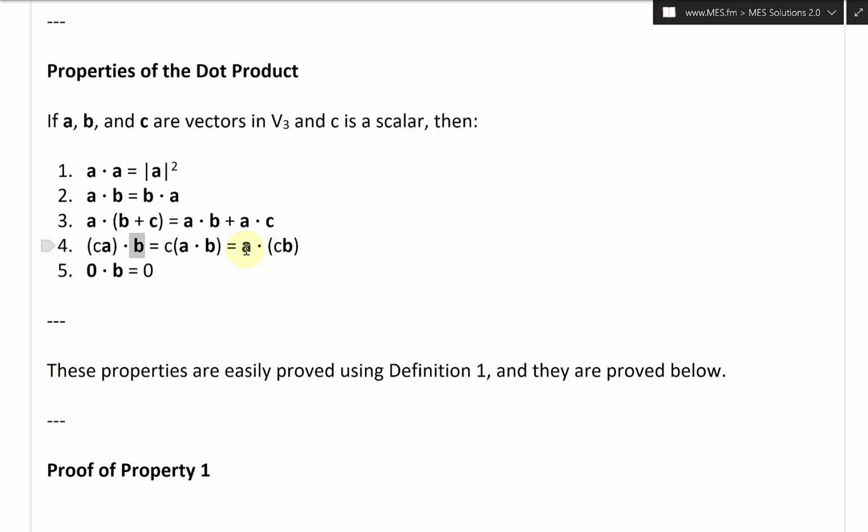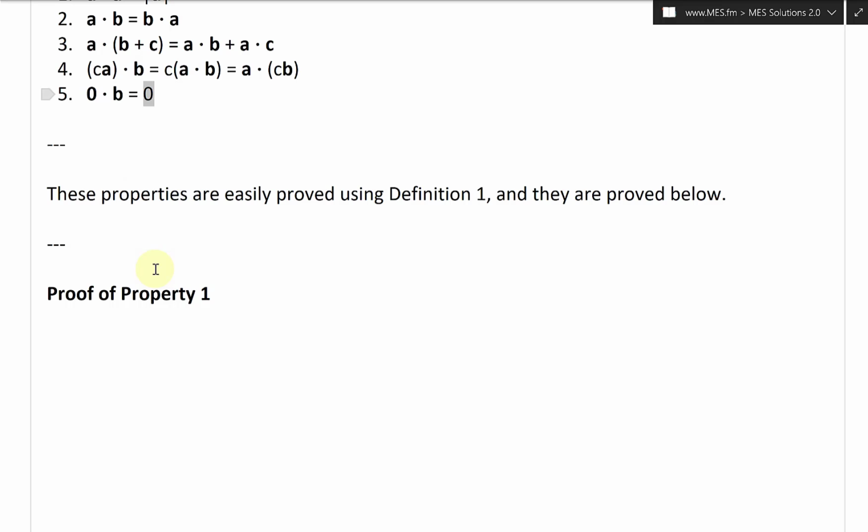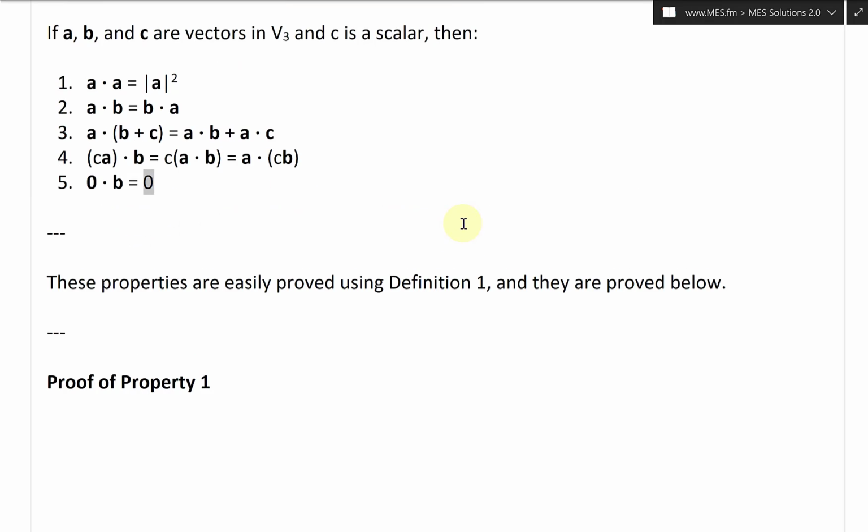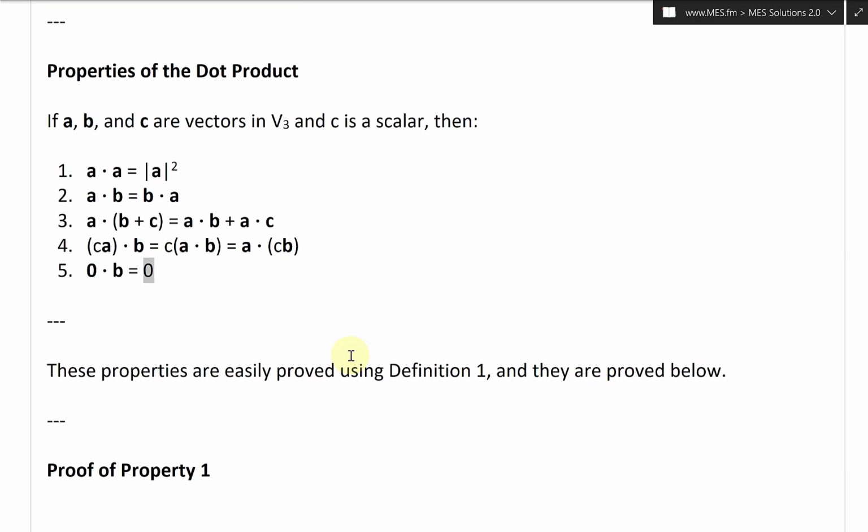And property 5: if you have the zero vector dot B, this just equals 0, a real number, a scalar. Very interesting. These properties are easily proved using definition 1, and they are proved below.